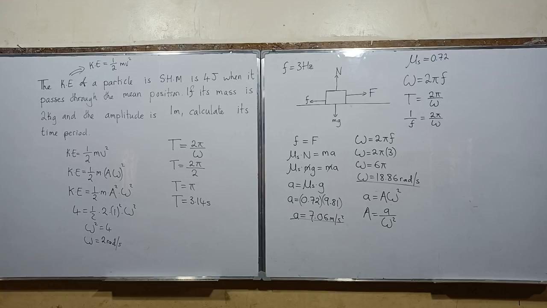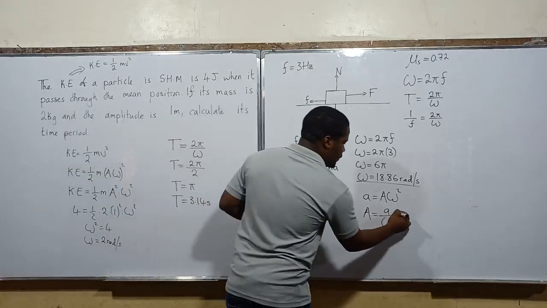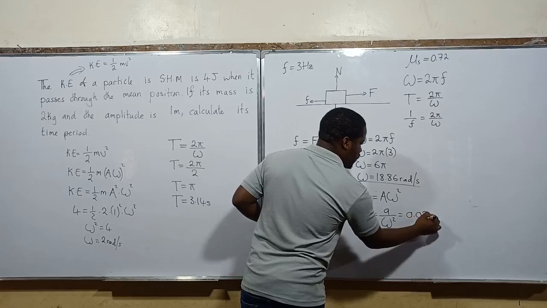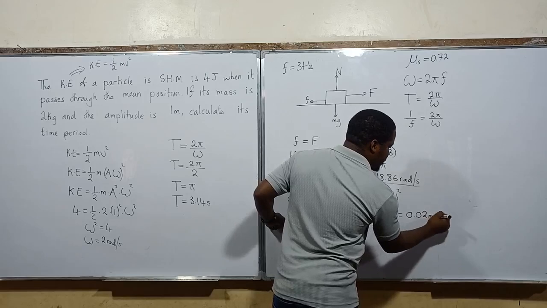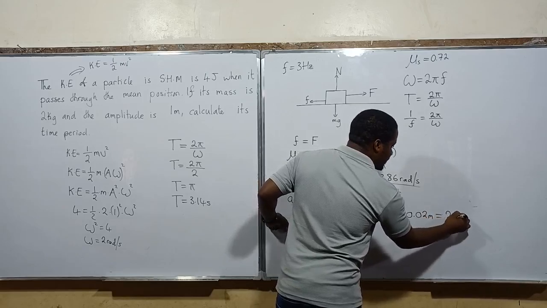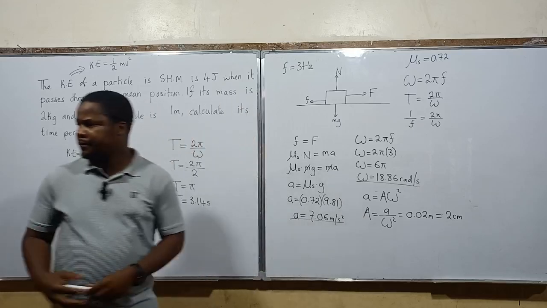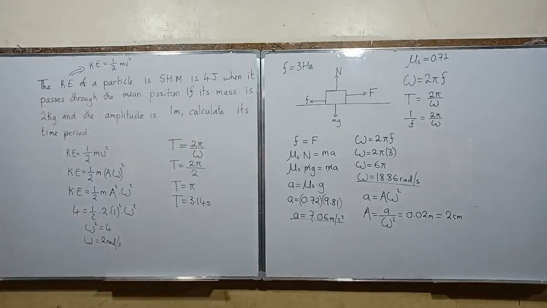So since we're getting 0.02, what are the units? Meters, right? So amplitude is 0.02 meters, which is just the same as 2 centimeters. Simple as that. So that's our answer.